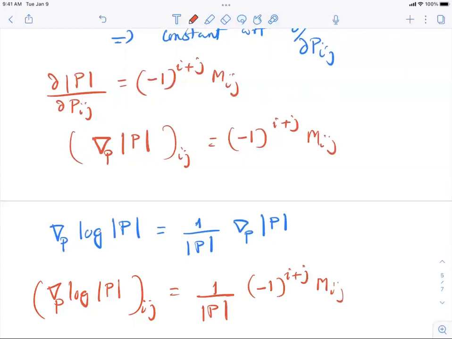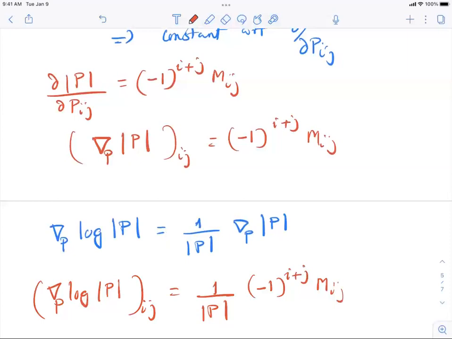And now, hopefully, you are remembering how we compute the inverse of a matrix. How do we do it? One possible way to do it is exactly this. You basically compute the minors, multiply by these signs, divide by the determinant, and then you transpose the thing.